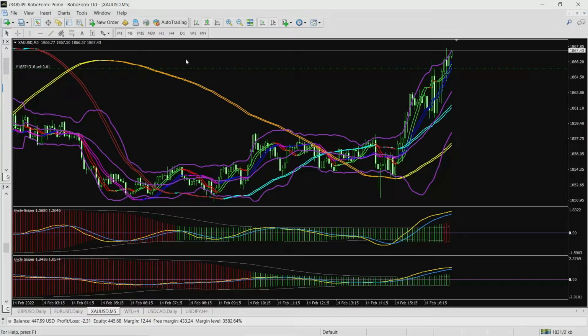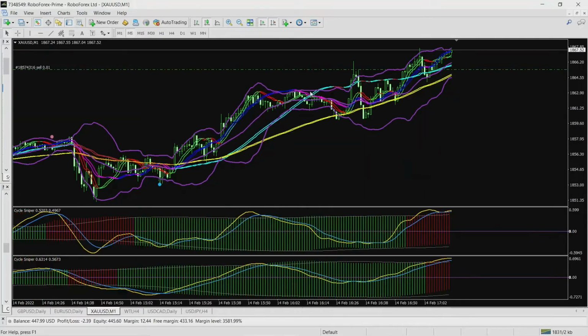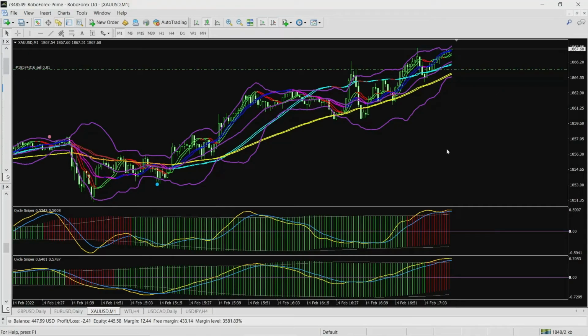1 minute chart. We are switching to 1 minute chart. We have our bands and 2 cycle sniper, set 1 and set 2.